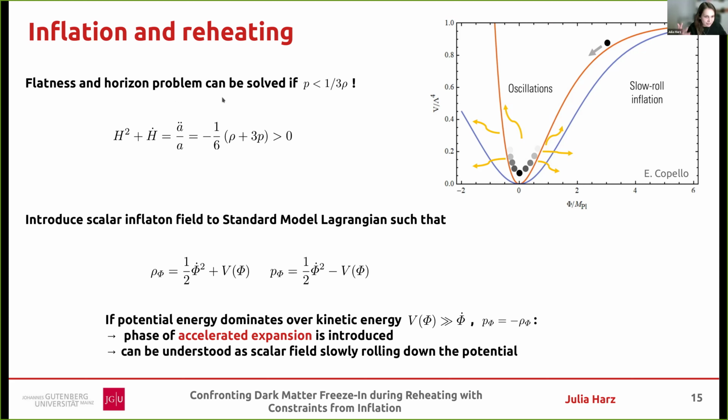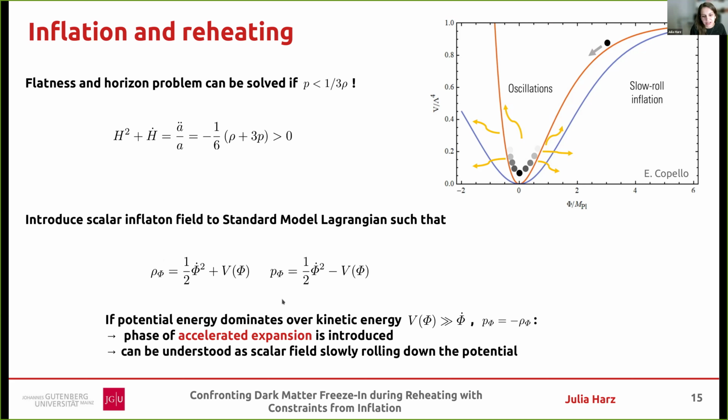This is why the standard solution to explain inflation is to introduce a scalar field, the inflaton, to the standard model Lagrangian, which has a certain potential and a kinetic energy. You can describe the energy density of the inflaton by the kinetic energy and the potential, and also the pressure.